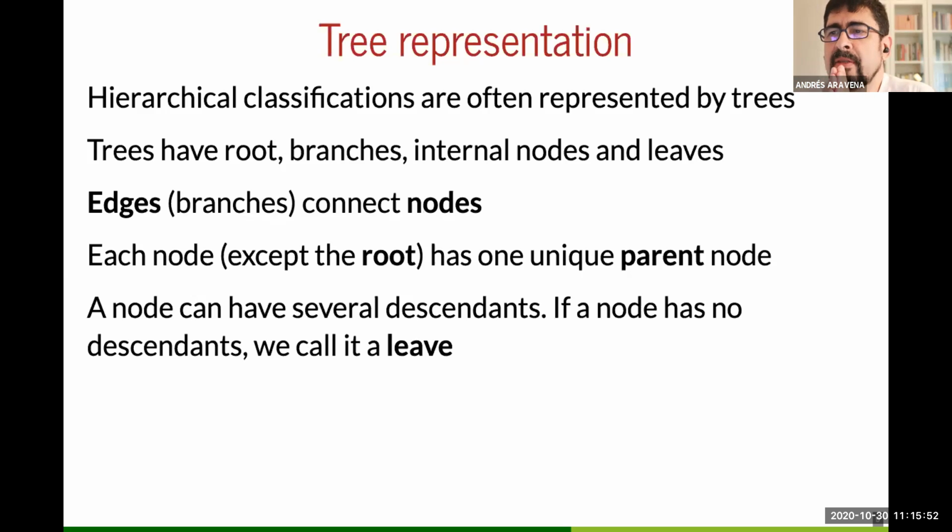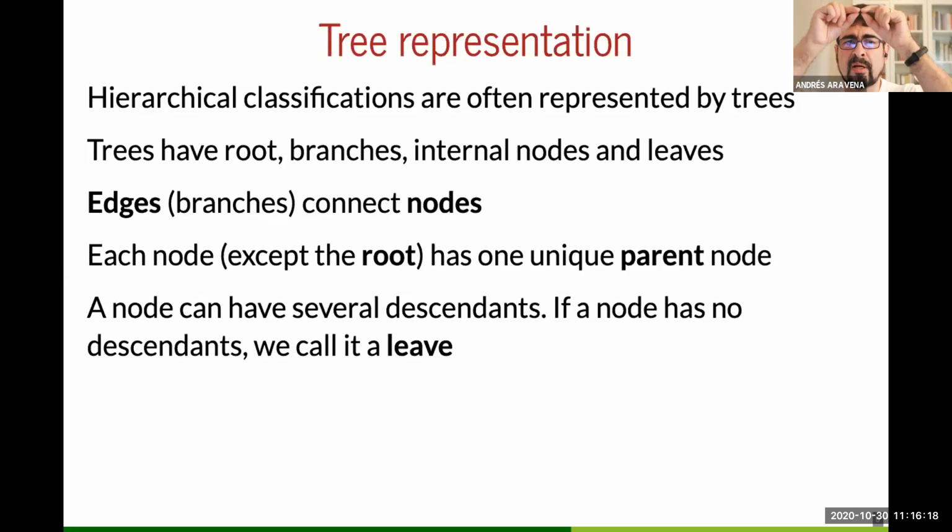Now, when we say tree, I'm not speaking about a physical tree. I'm speaking about an abstract tree, which is essentially a structure like a graph, in which you have two kinds of things. You have nodes, like circles, and arrows connecting these nodes. The arrows go from parent to child.